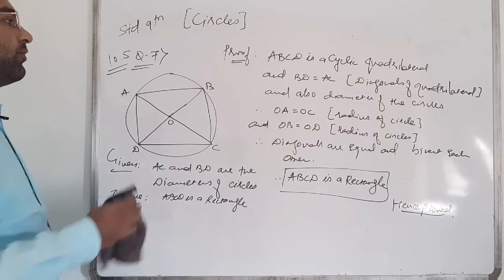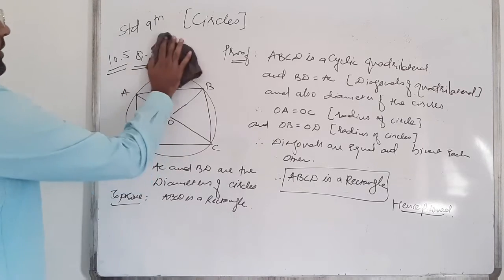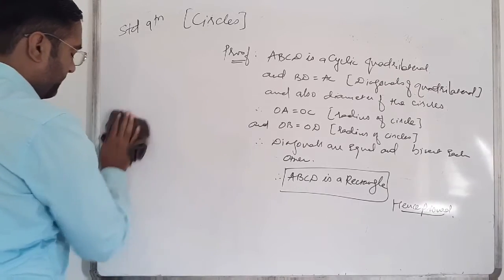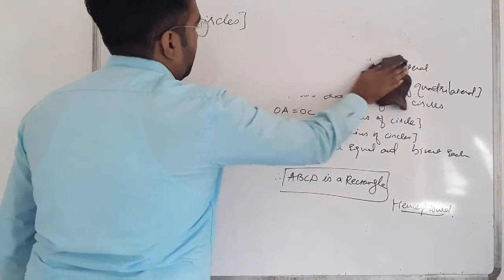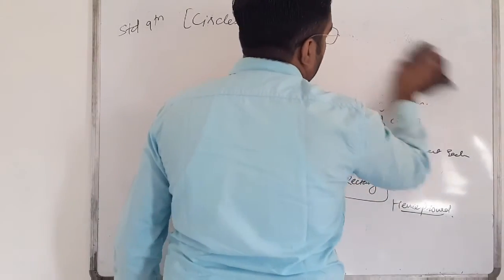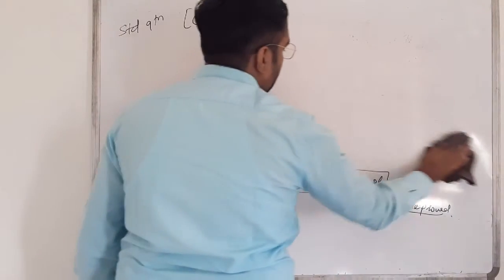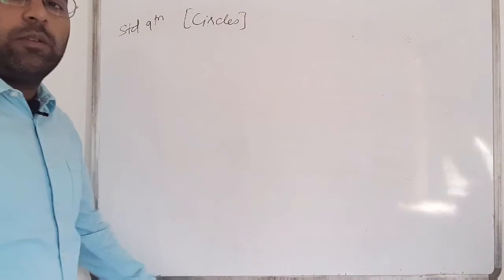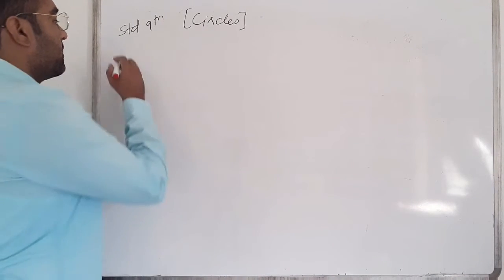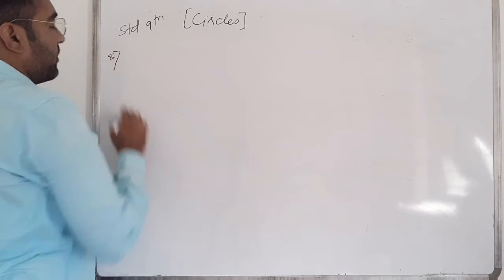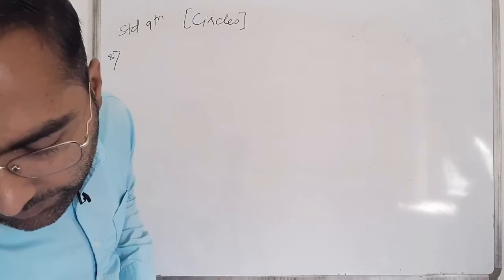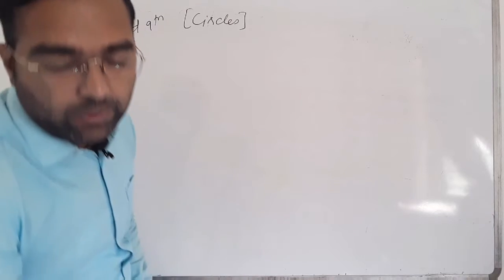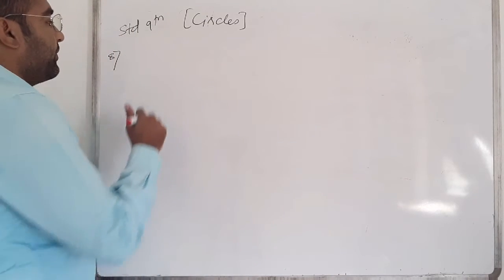Now we move to question number 8. In question number 8: if the two non-parallel sides of a trapezium are equal, prove that it is cyclic.